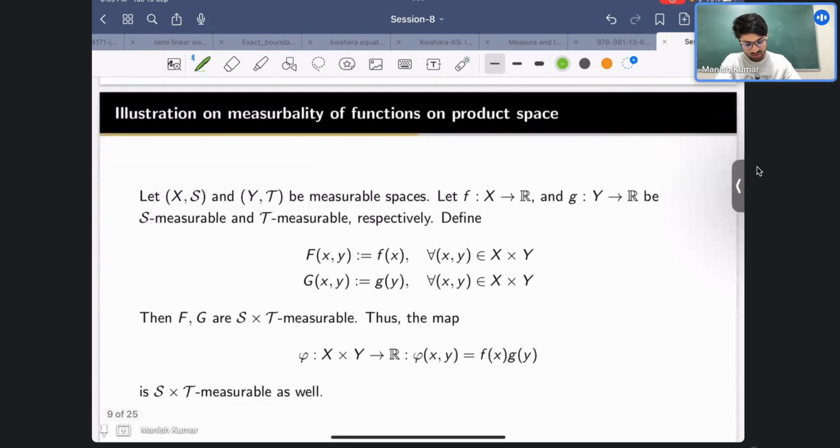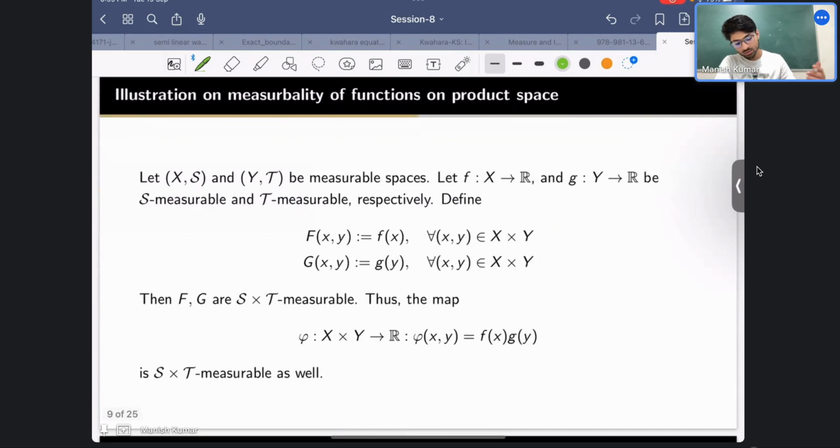Okay, so let's see a few examples of how to deal with an S cross T measurable function. Suppose you have a function f from X to R and g from Y to R, where f is S measurable and g is T measurable. If you define capital F(x, y) as f(x), this is constant with respect to y.